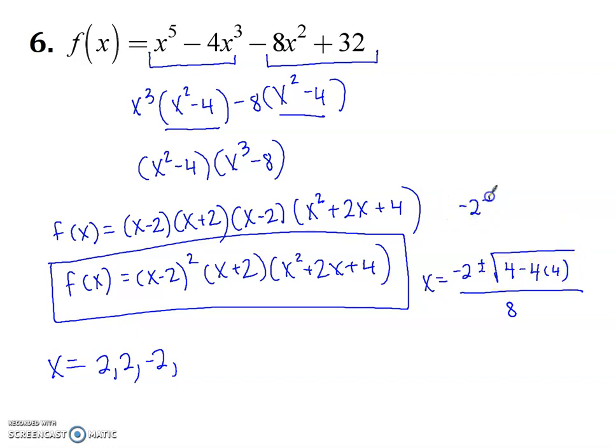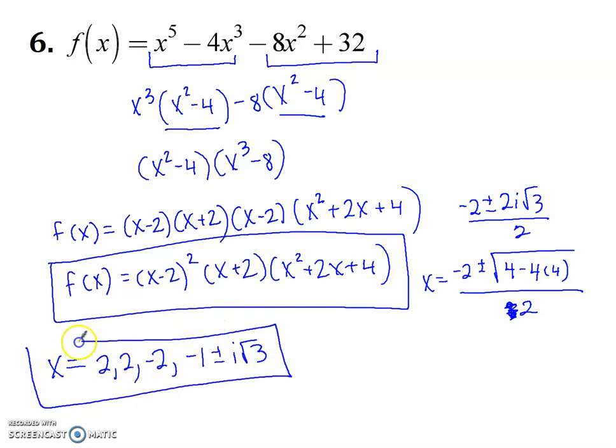Okay, and we just simplified negative 12 in the problem before. So that's going to be 2i root 3 over 2. Sorry. 2a is just 2. I think I put the 8 from the last problem. Okay, and then I can reduce each of these by 2. So that'll be negative 1 plus or minus i root 3. And that is all 5 of your zeros on this one.